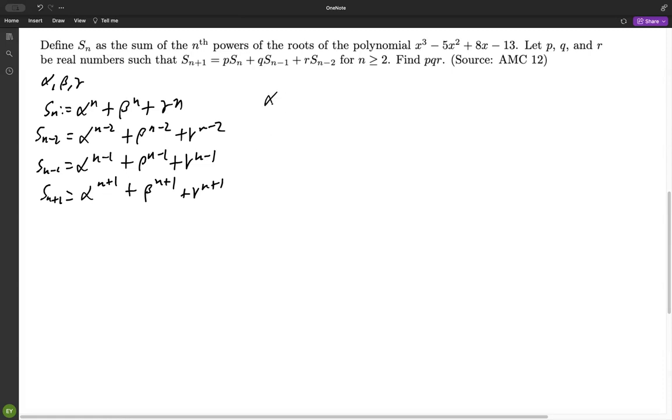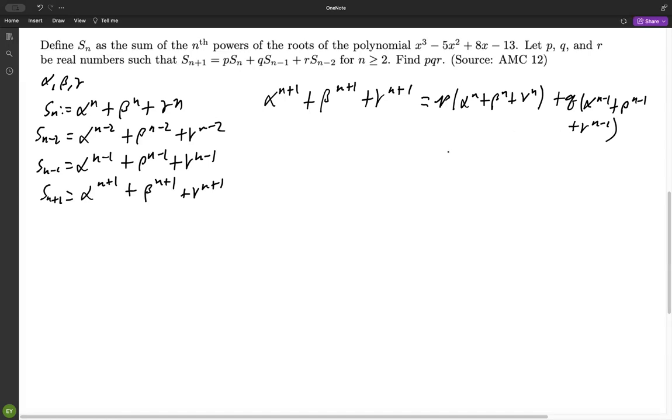So we know that alpha to the power of n plus 1 plus beta to the power of n plus 1 plus gamma to the power of n plus 1 is equal to p times S of n, which is this one, plus q times S of n minus 1, and lastly we have r times S of n minus 2.